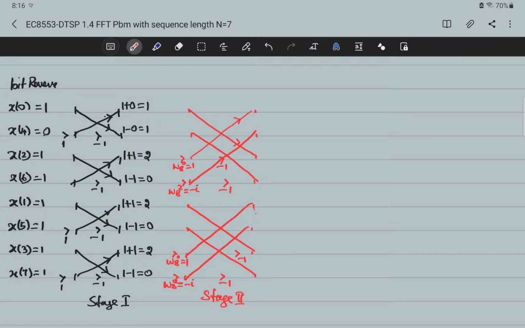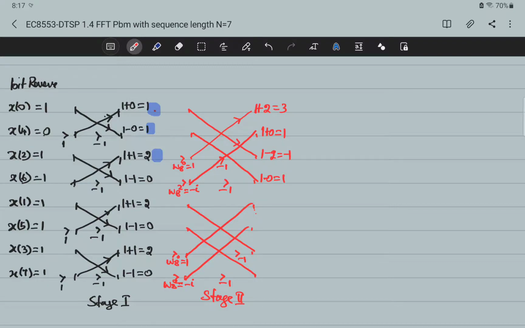So now this 1 will act as an input, so you have to take the first and third lines, so you will get 1 plus 2, which is 3, and 1 minus 2, which is -1. Then similarly you take the next, so you will get 1 plus 0, which is 1, and 1 minus 0 is 1.